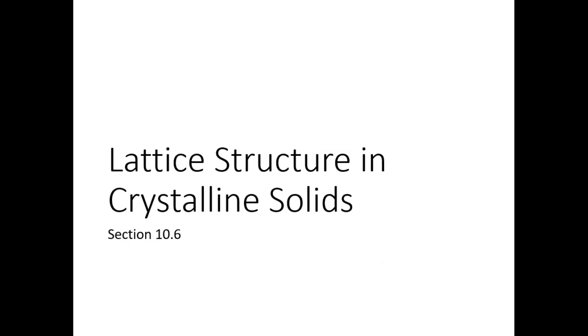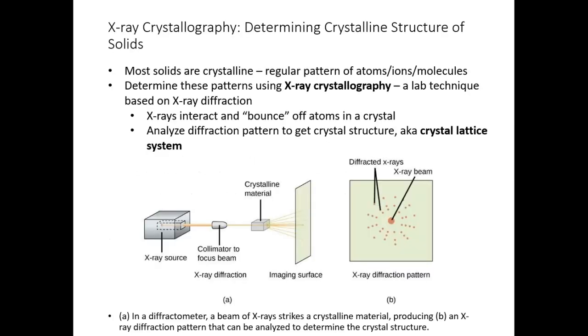The way we determine what kind of lattice structure a solid has is using this technique called X-ray crystallography. I don't think I need you to know a lot of detail about this technique, but I do want you to know what it is.